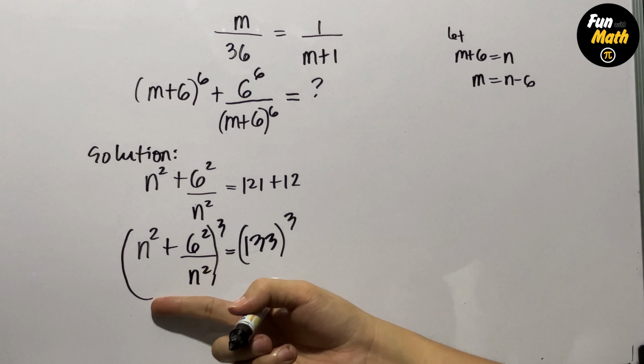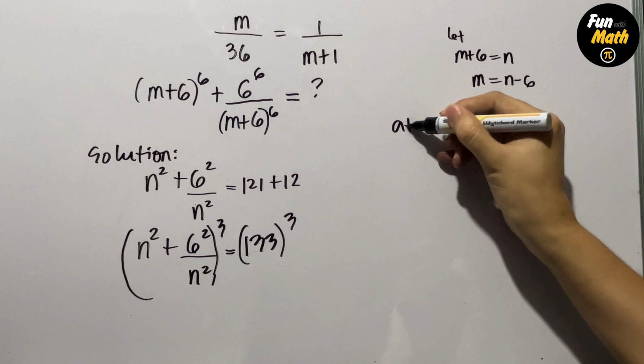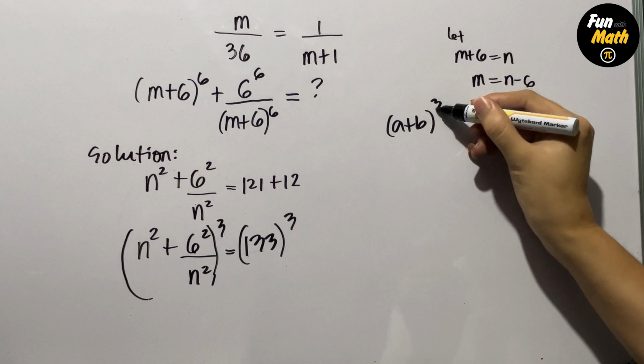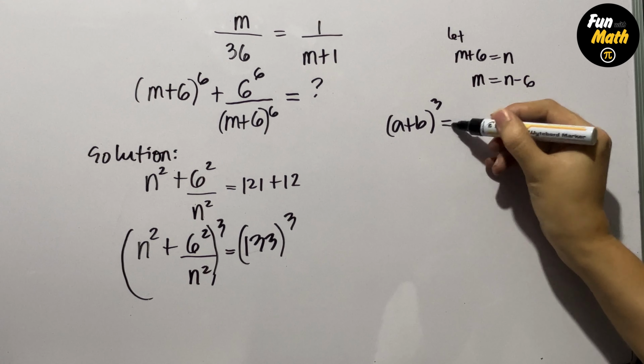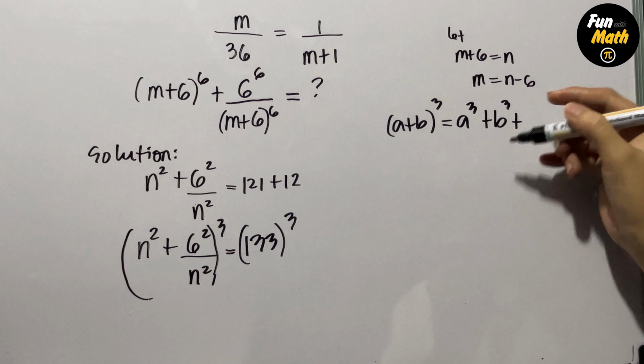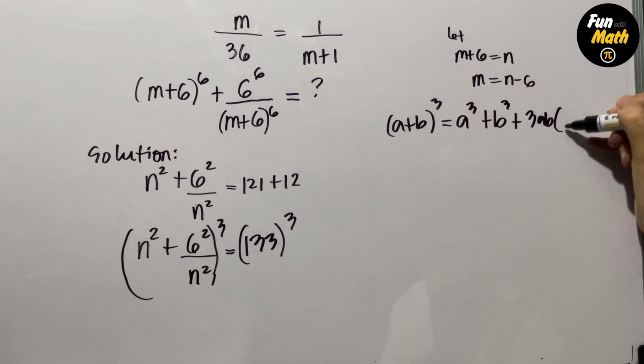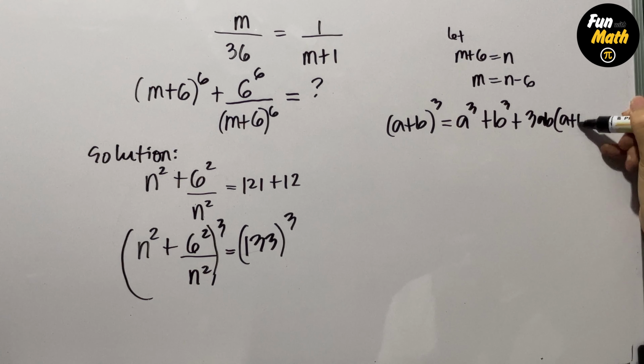And for this to expand, we can follow the identity (a + b)^3, which is also equal to a^3 + b^3 + 3ab(a + b).